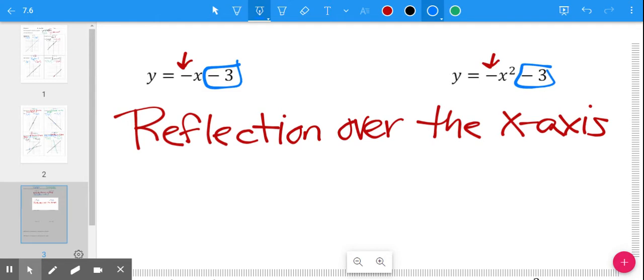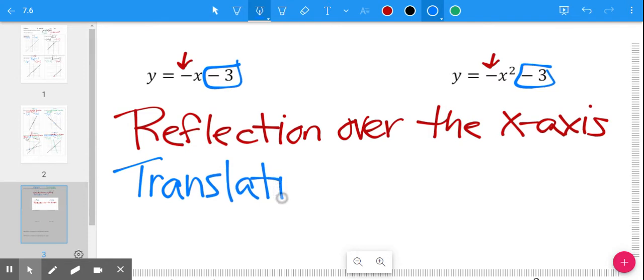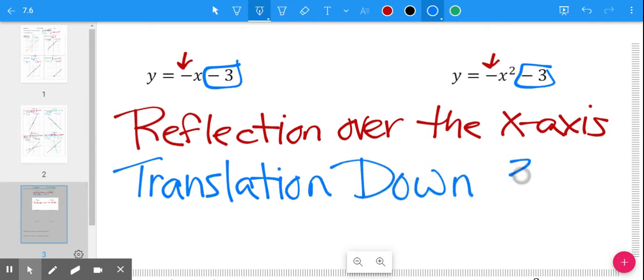Outputs are your y values, which are up and down. So because this is -3, it is a translation down 3. And again, the only difference is the one on the left is linear, the one on the right is quadratic.